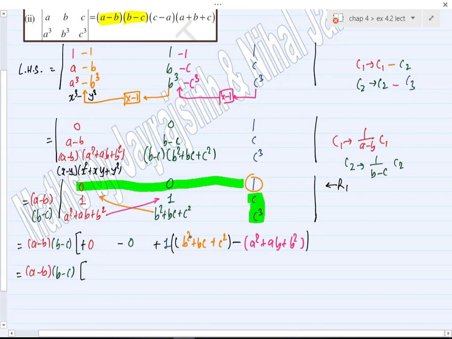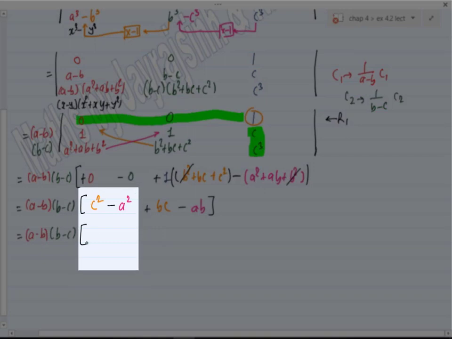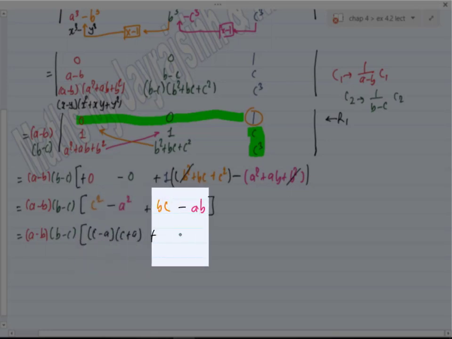Here b square will cancel out, and let's rearrange the terms and get b square minus a square and bc minus ab. So again a minus b and b minus c will be as it is. And c square minus a square becomes c minus a and c plus a, plus we can take b common from the rest of the two terms.